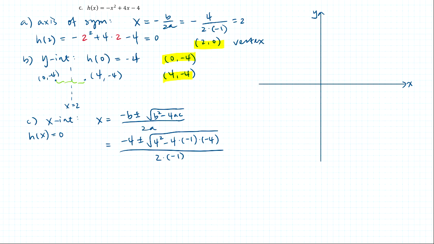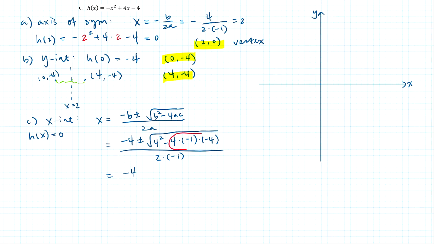Here, if we simplify things, we would get negative 4, and under the radical, 4 squared gives us 16, but the second part will be 4 times negative 1 times negative 4, which would also be equal to 16, right?